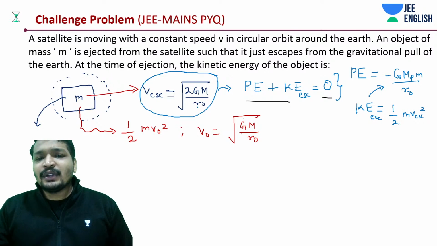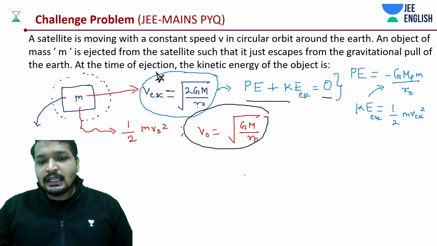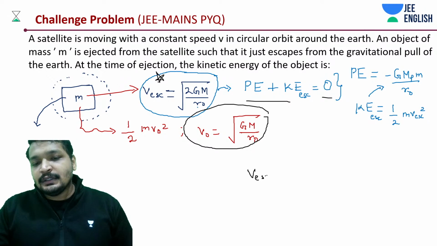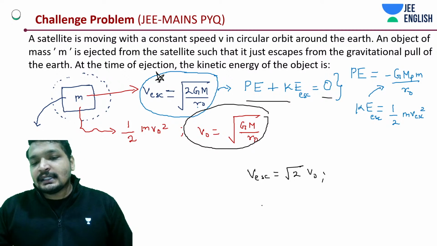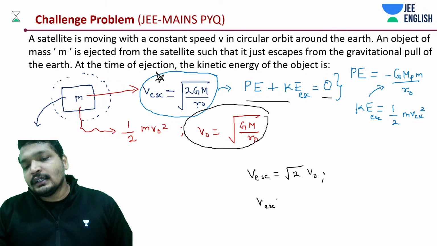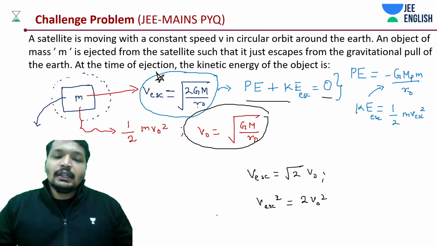From these two, can we say something like this? Escape velocity should be root 2 times V0, for any orbit. That means escape velocity square is going to be 2 V0 square.